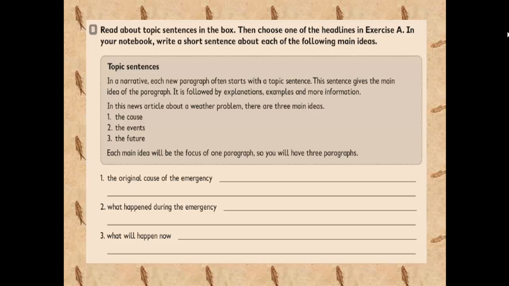The original cause of the emergency. Sometimes nobody realizes that some people throw their cigarettes, for example, which are lit, and that may finally cause a large fire. So this is the cause.